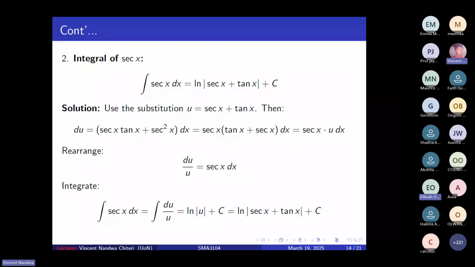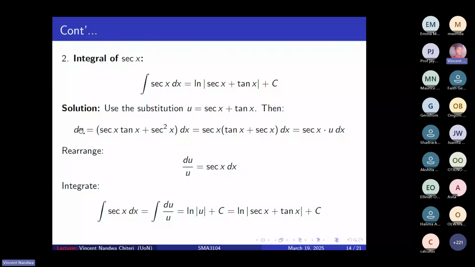Then plus the derivative of tan x, sec squared x, correct. So this is where this answer came from. So sec x tan x plus sec squared x dx is our du.